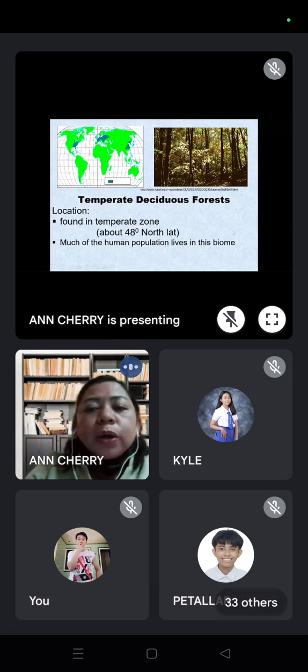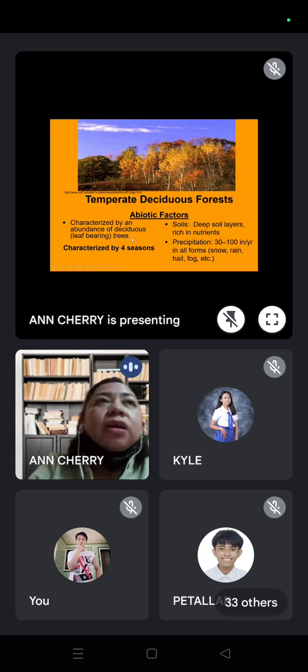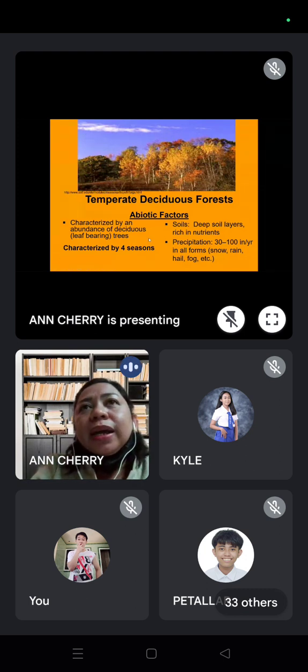So, why is it called temperate deciduous forest? Because these are characterized by an abundance of deciduous, or leaf-shedding, trees. And this temperate deciduous forest is characterized by four seasons: winter, spring, summer, and fall.